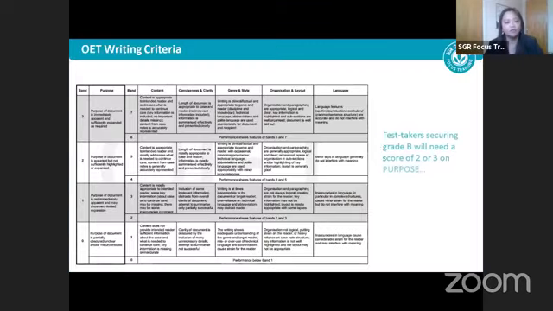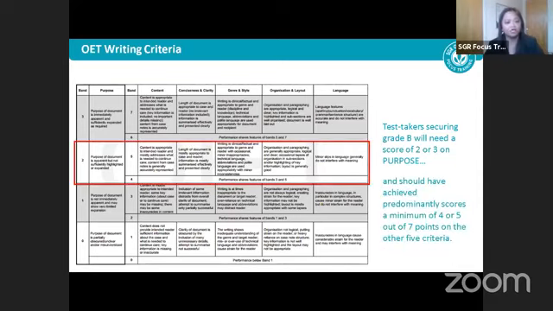Now we've mentioned that there are 6 criteria that you will be tested on. Test takers who want to secure a grade B will need a score of 2 or 3 on purpose. And you should also achieve predominantly scores of about 4 or 5 out of 7 points on the other 5 criteria.